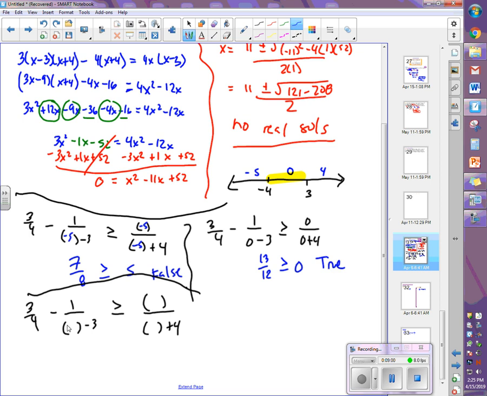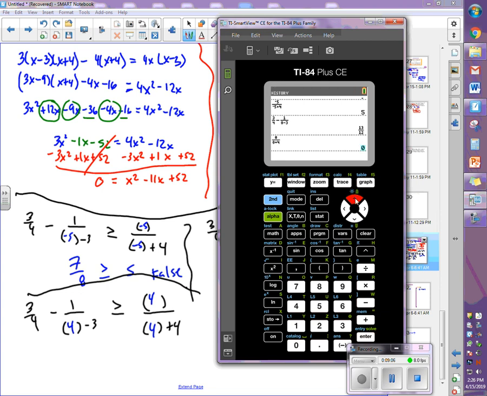This time with +4. So instead of 0, we're changing it to +4. So -1/4.